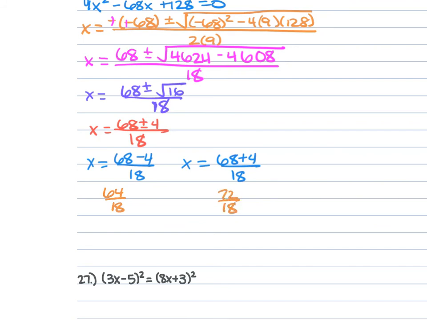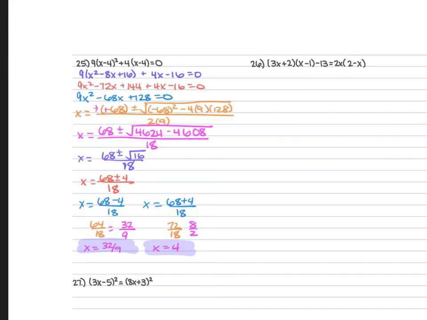So if I divide the 64 and the 18 by, let's see, 2, I get 32 over 9. So x is equal to 32 over 9. And then the 72 and the 18 can both be divided by 9. So that's 8 over 2, which is 4. So 32 over 9 and 4 are solutions for this one.